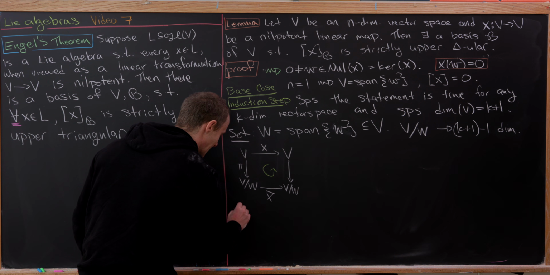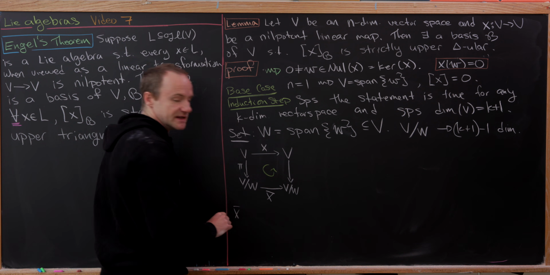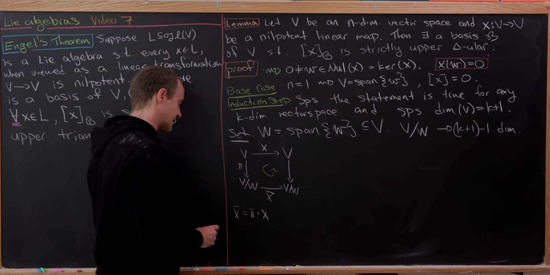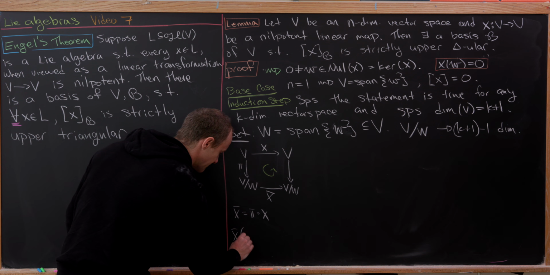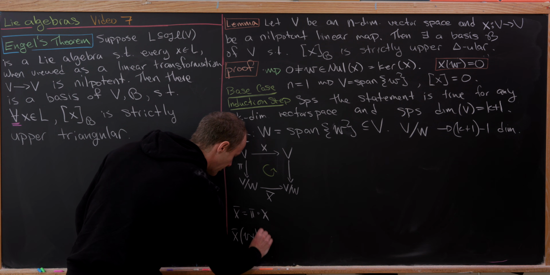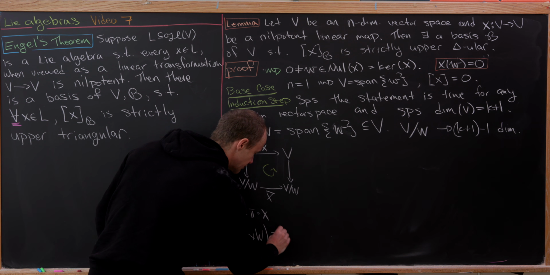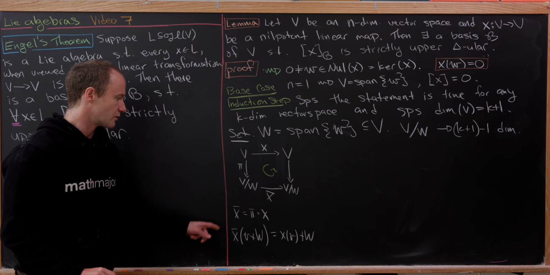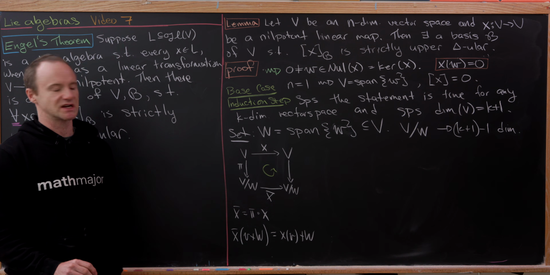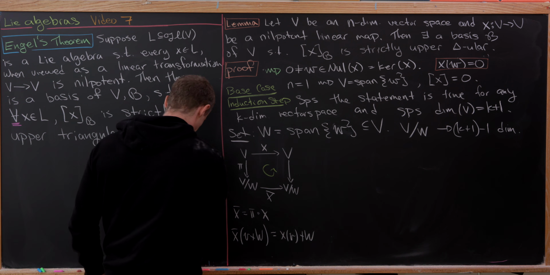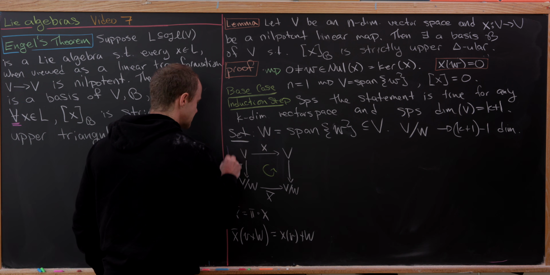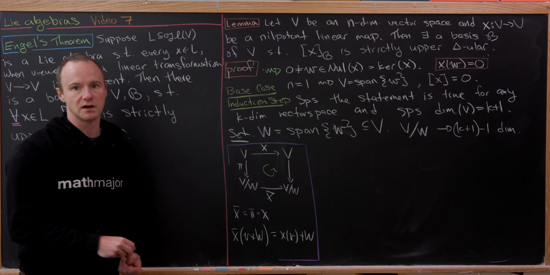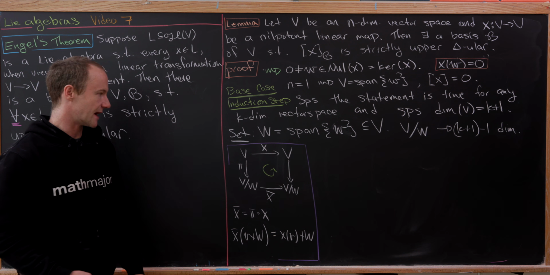In other words, x bar is equal to pi composed with x. So x bar on v plus W is equal to x of v plus W. Remember, everything in V mod W is a coset, which is why I've written it like that.